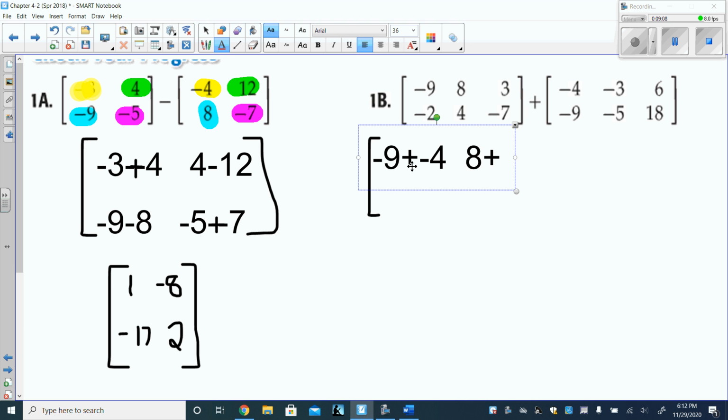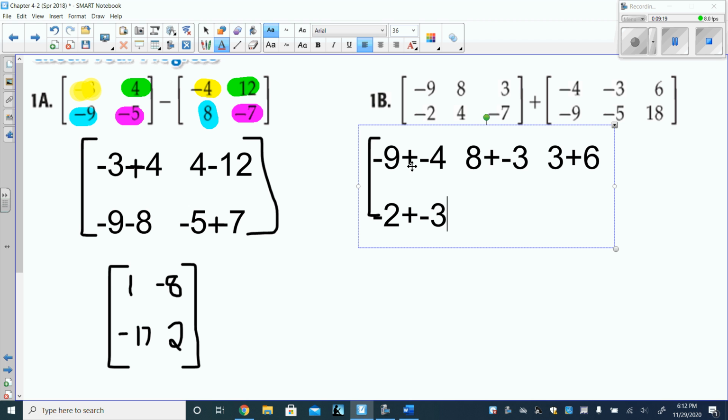Then we'd have 8 plus negative 3. And we'd have 3 plus 6. So on the bottom, we'd have negative 2 plus our negative 9. We'd have 4 plus our negative 5. And then we have negative 7 plus 18.